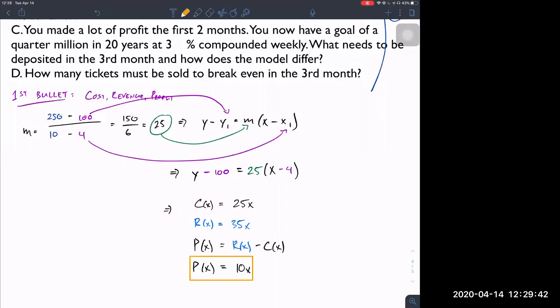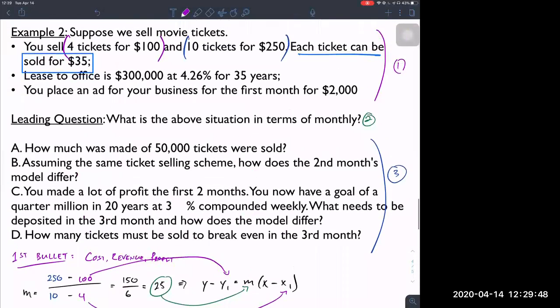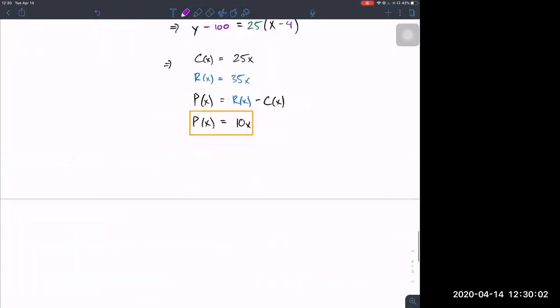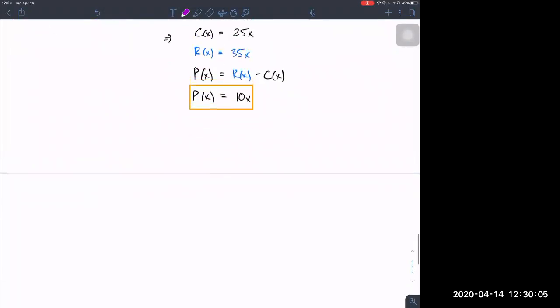What about the second bullet? Second bullet says that you have a lease to your office. Lease to the office, it's $300,000 at 4.26% for 35 years. So it's the same thing as the last problem. Leases are present value. I don't have enough room here. So here is the second bullet.